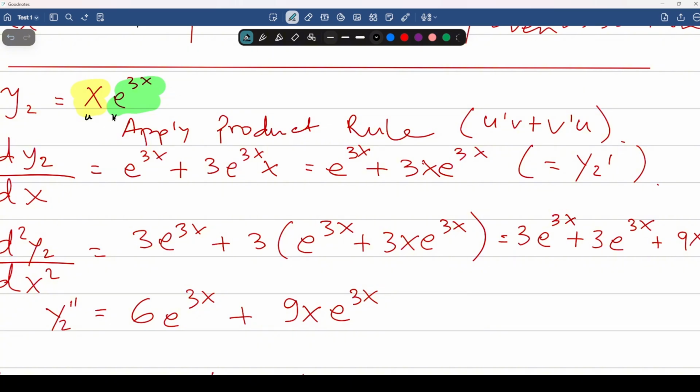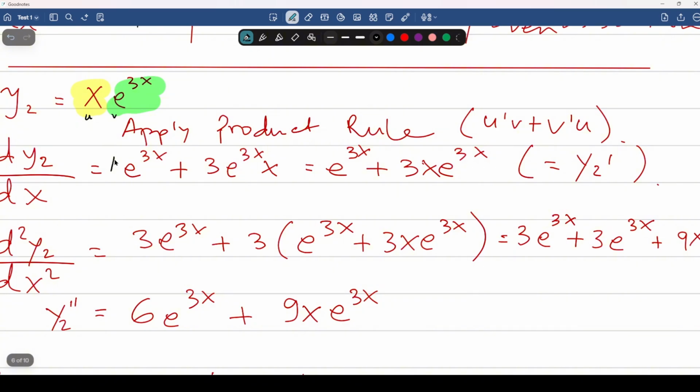According to the product rule, we have u prime v plus v prime u, meaning the derivative of the first term multiplied by v, plus the derivative of the second term multiplied by u. Here u prime is 1, so 1 times e to the 3x.